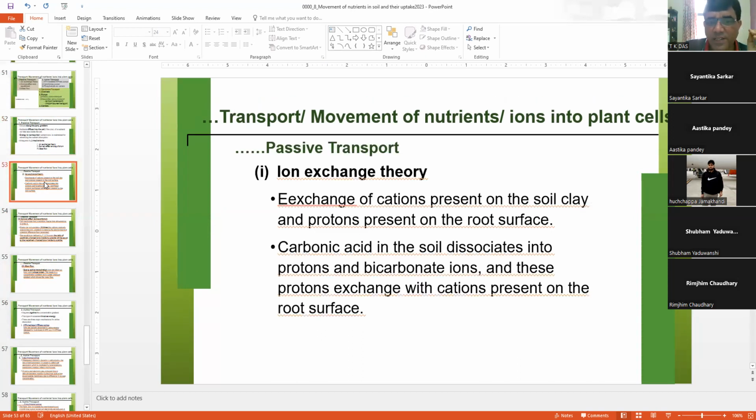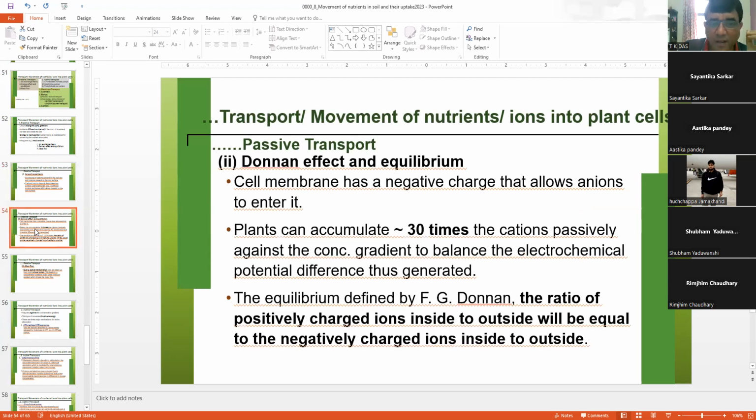Ion exchange theory: exchange of cations present on the soil clay and protons present on the root surface. Carbonic acid in the soil dissociates into protons and bicarbonate ions, and these protons exchange with cations present on the root surface. Now, the second one is the Donnan effect and equilibrium. The cell membrane has a negative charge that allows anions to enter it.